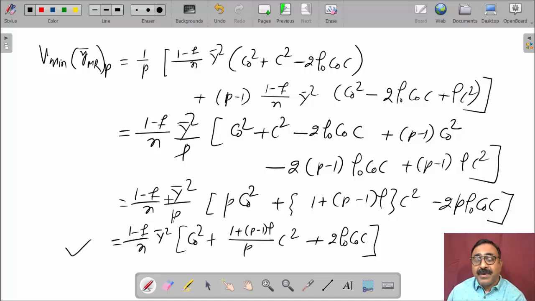So for P equal to 2, we can use P equal to 2 here. It will be reduced to the bivariate ratio estimator.